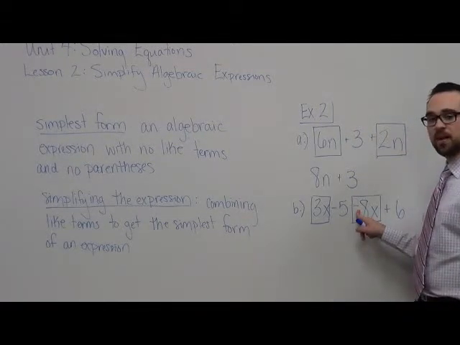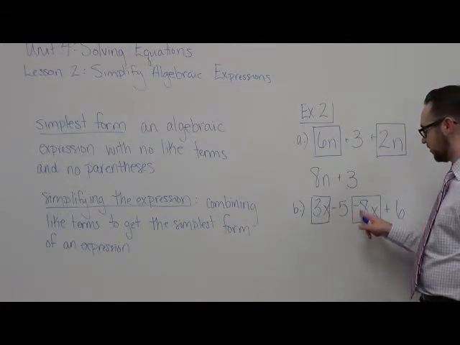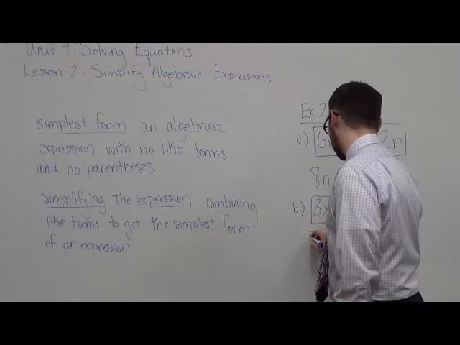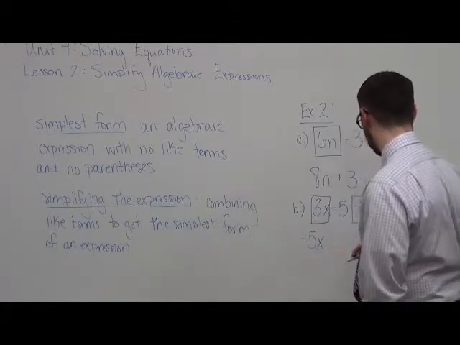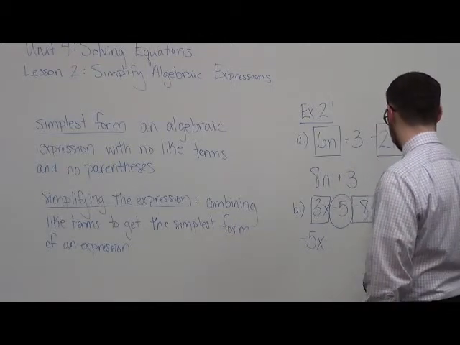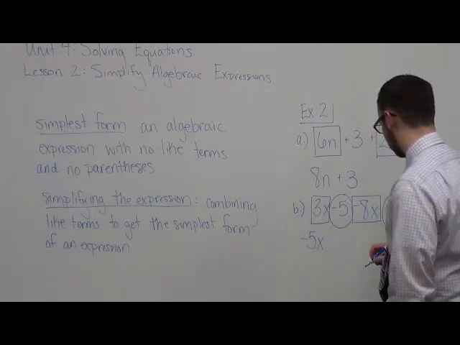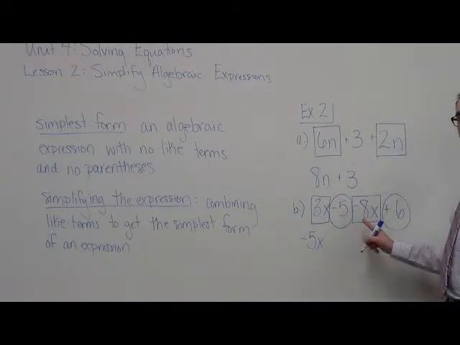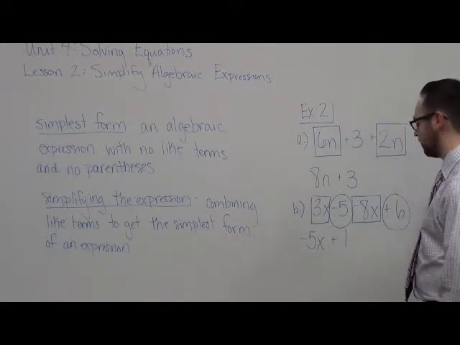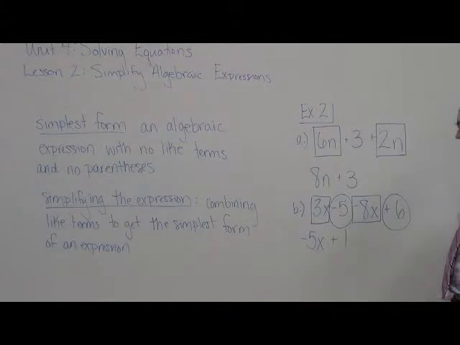So this minus goes with the 8. So 3x and minus 8x is going to be minus 5x. Now I also have two constants. I have a minus 5 and a positive 6. So I combine those two, negative 5 plus 6, and I get a positive 1. And that's my final answer.